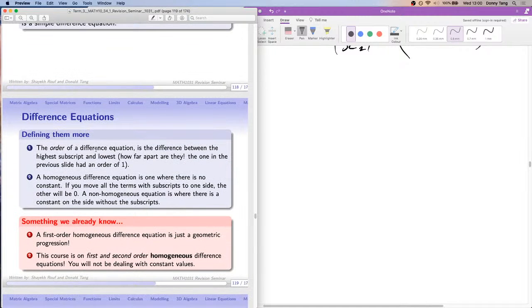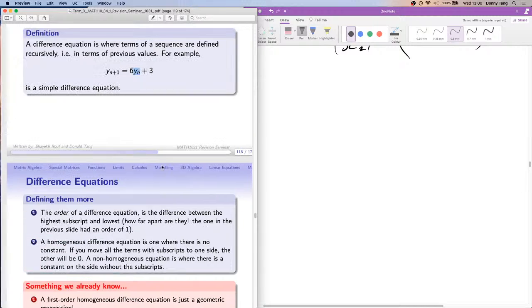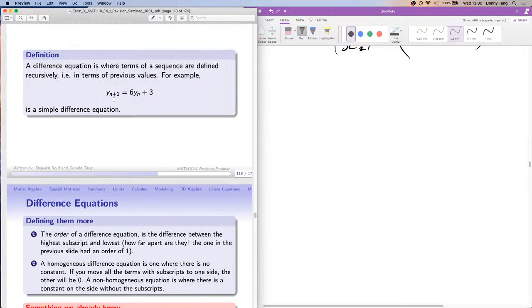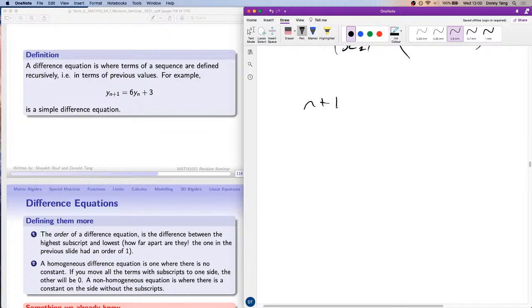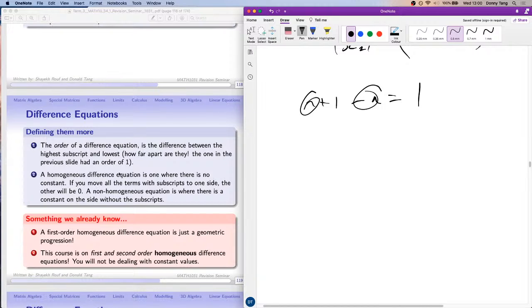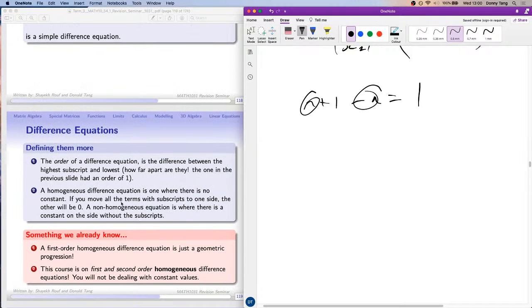Anyways, the order of a difference equation is the difference between the highest subscript and the lowest. Basically, the one in the previous slide has an order of 1 because n plus 1 minus the lowest, which is n, equals 1, all right, because these cancel out. A homogeneous difference equation is one where there's no constant. If you move all the terms with subscripts to one side, the other will be 0.